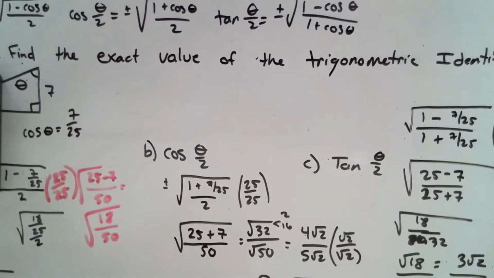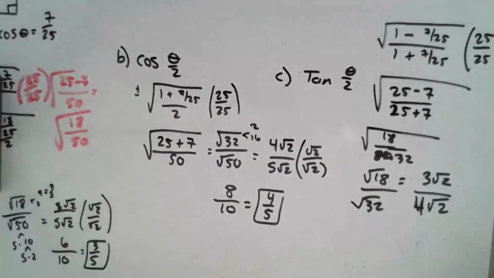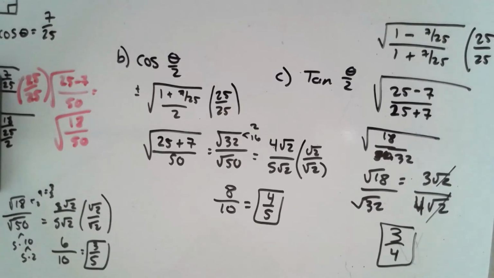And how many of you are like, why is she rationalizing the denominator? Can't we just cross off the square root 2's? Well, if that's what you were thinking, you are absolutely correct. I don't know why I was making it more work for myself. Maybe I just felt like making it more work. I don't know, but I did. So my answer for tangent is 3/4.